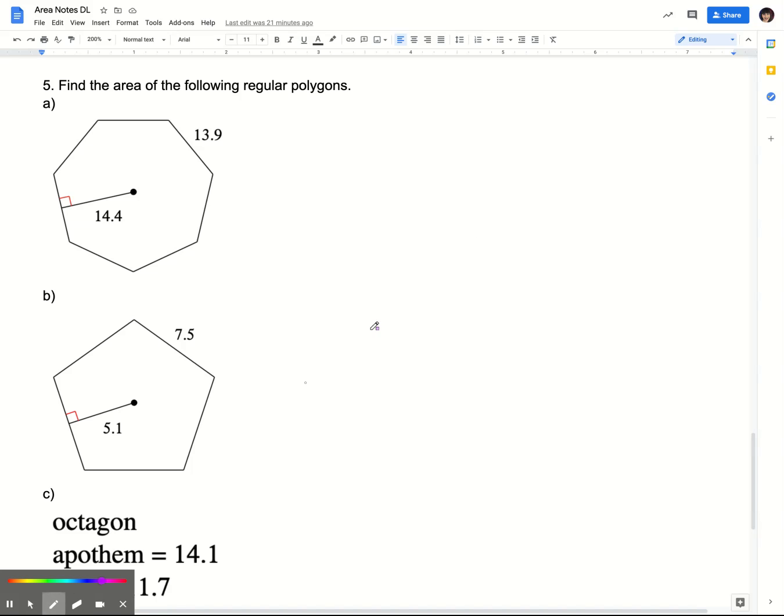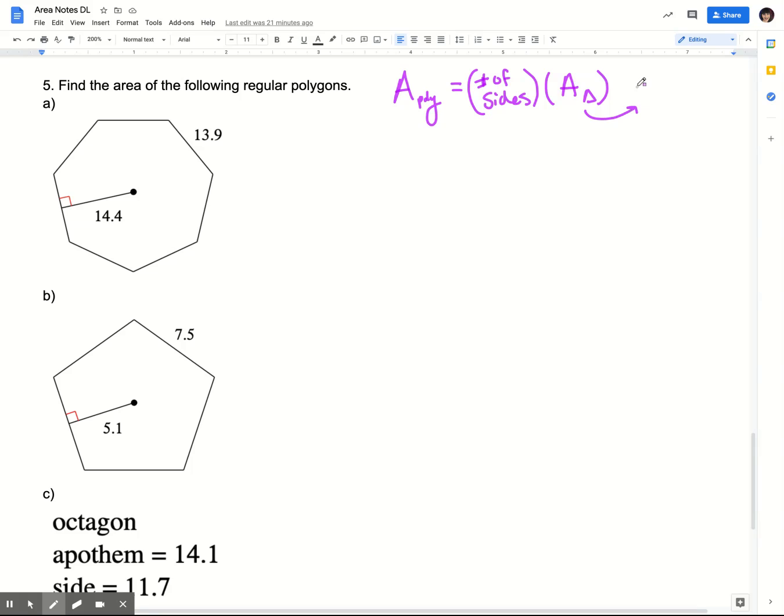Just as a reminder, if you want to find the area of a regular polygon, you do that by multiplying the number of sides that polygon has times the area of the isosceles triangle.